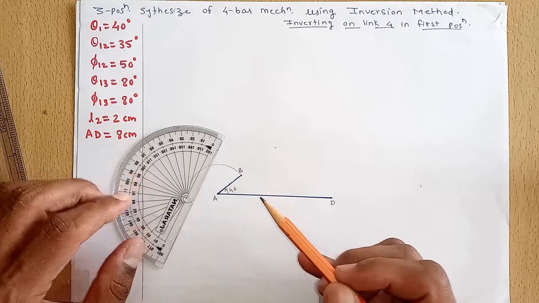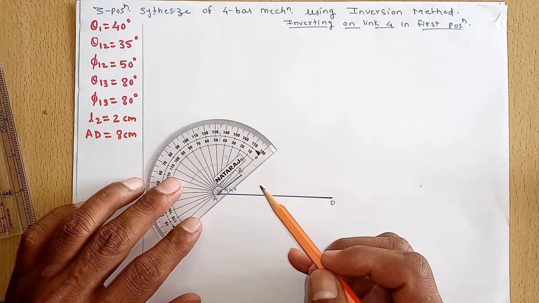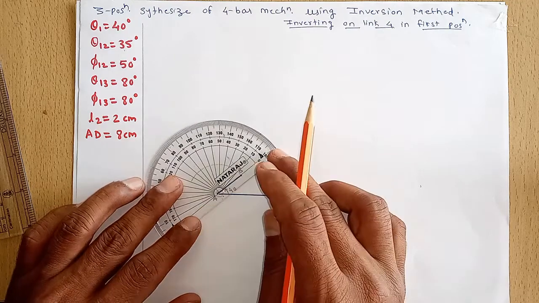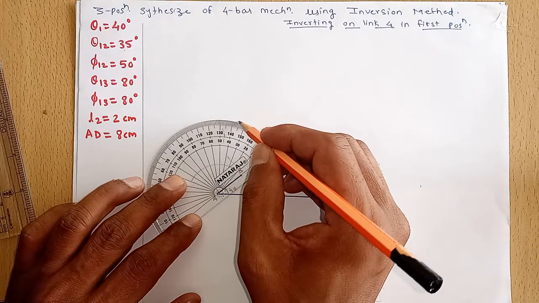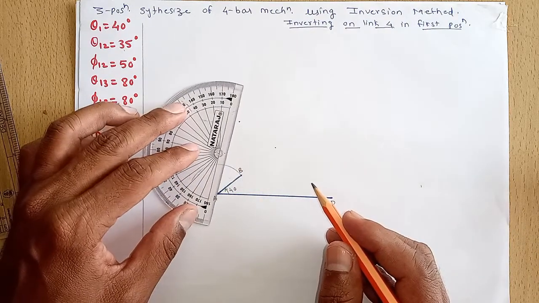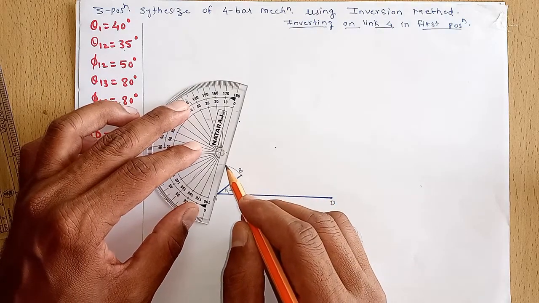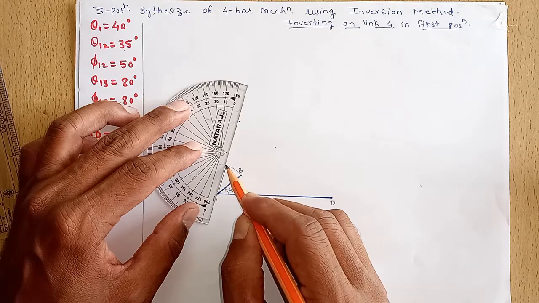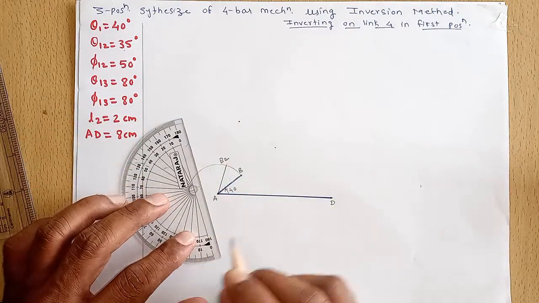From the first position it is 35 degrees. We take the angle about A this way. So this is the crank in second position. I will name it as B2.